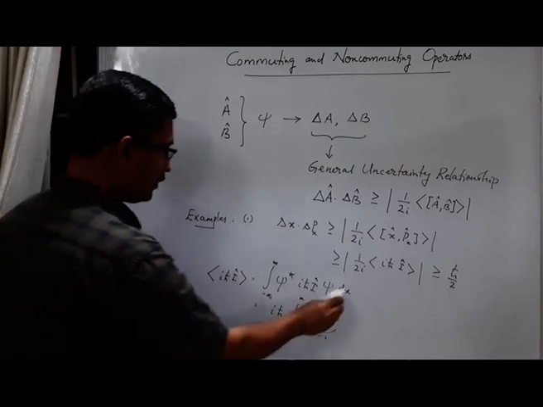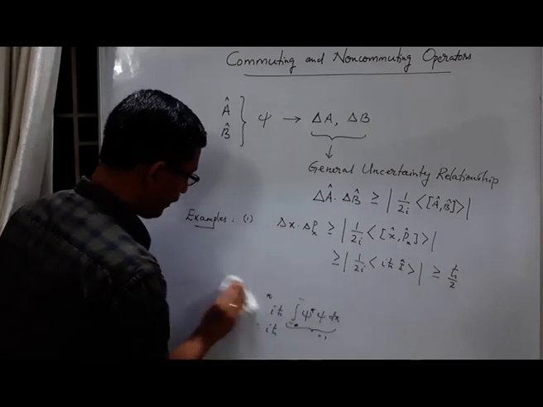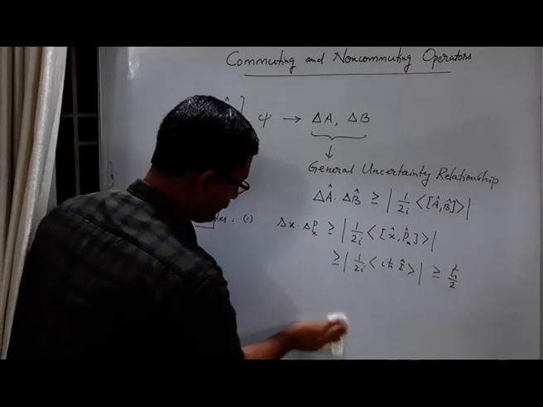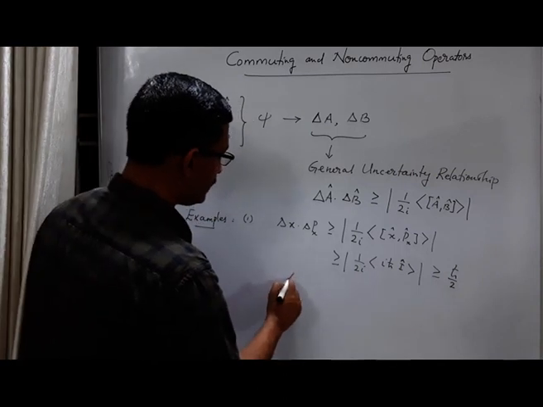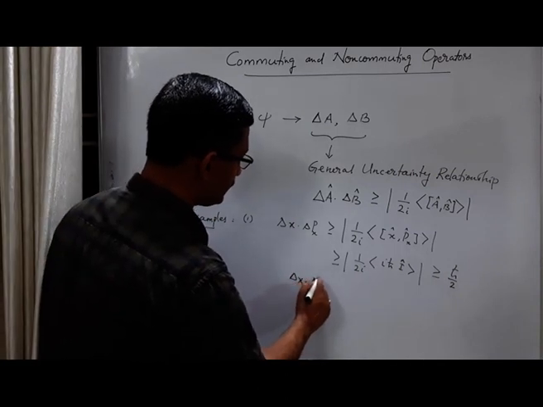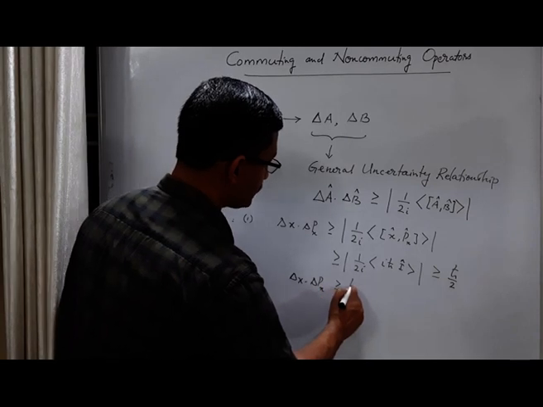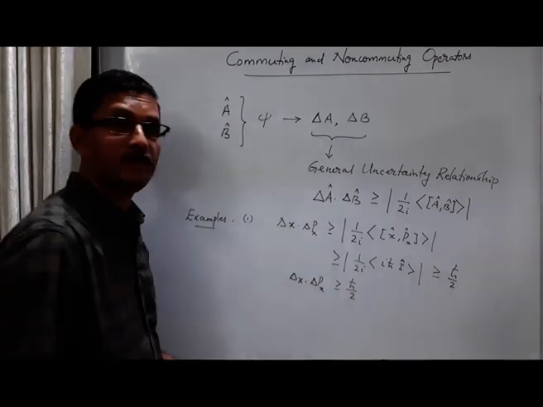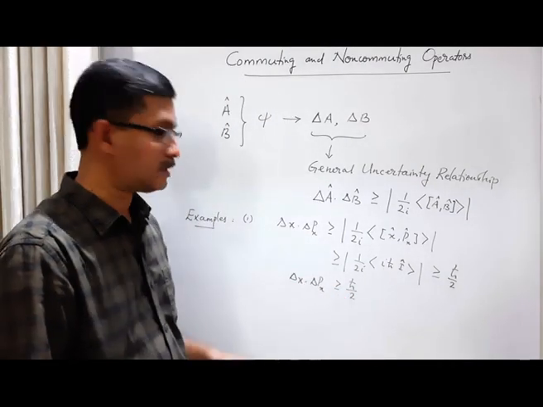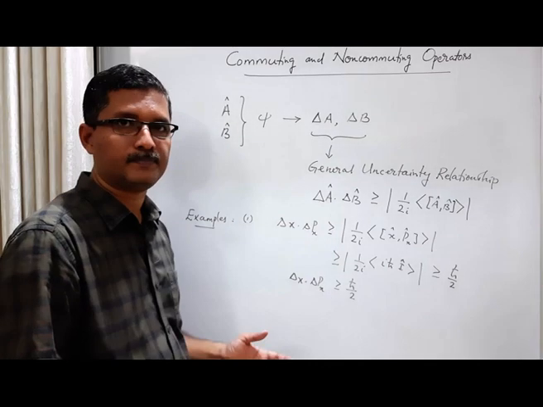Okay, so the final result is delta x delta px greater than or equal to h cross by 2. This is the Heisenberg's uncertainty relationship between position and linear momentum.